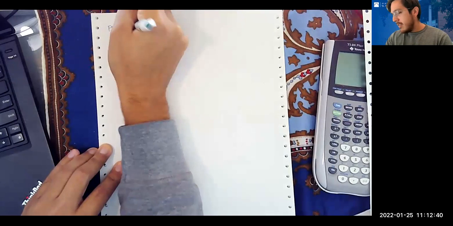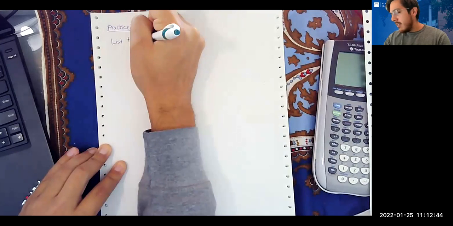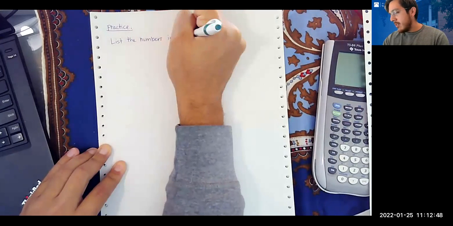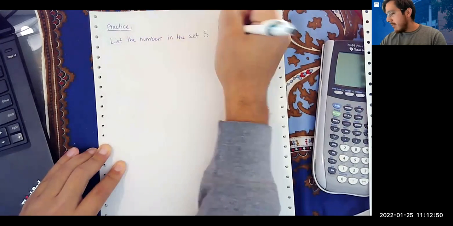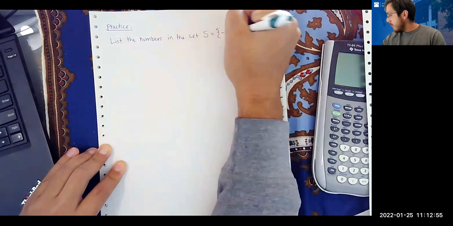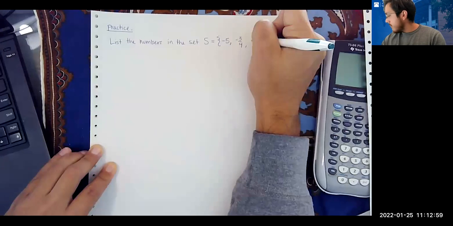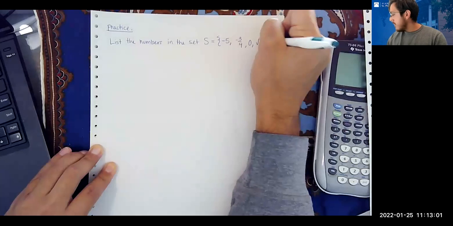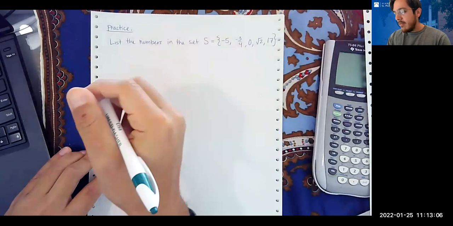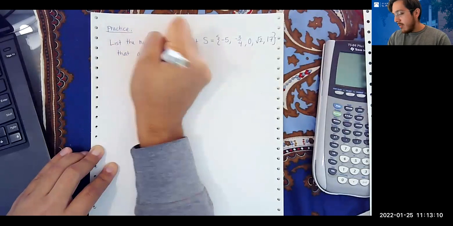List the numbers in the set S equal to -5, -3/4, 0, the square root of 2, and 17, that are A, whole numbers.